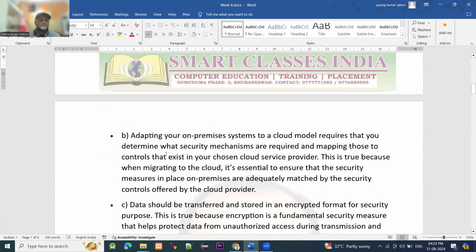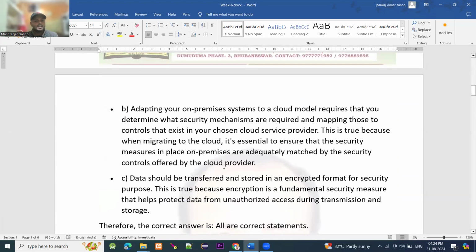Option B, that is adapting your on-premises system to a cloud model requires that you determine what security mechanisms are required, mapping those to controls that exist in your chosen cloud service provider. This is true because when migrating to the cloud, it is essential to ensure that the security measures in place on premises are adequately matched by the security controls offered by the cloud provider.